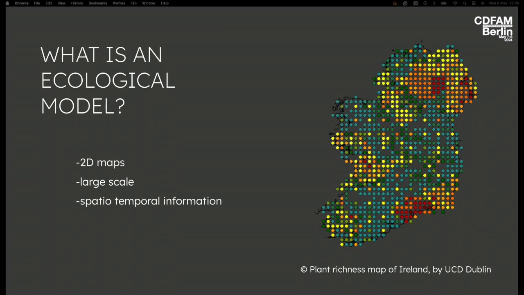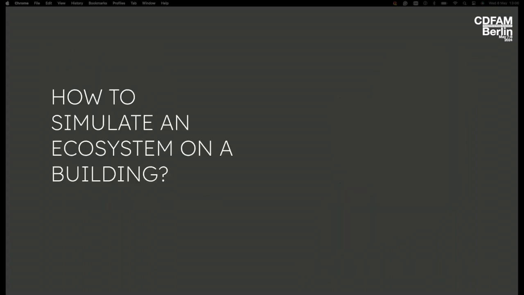You could imagine it as some sort of game of life, and the output are 2D maps that display biodiversity values over time at the scale of a region or of a country. Here, UCD Dublin developed a biodiversity map of Ireland. So that's the scale these models work in.